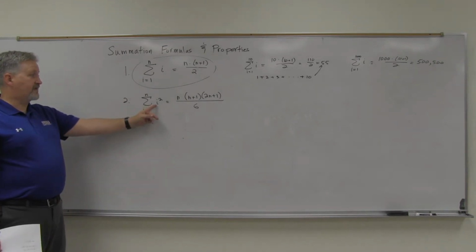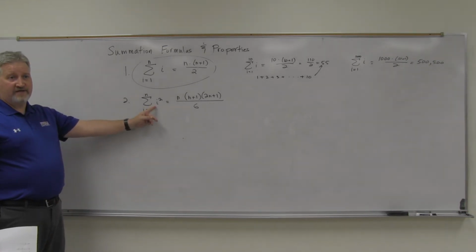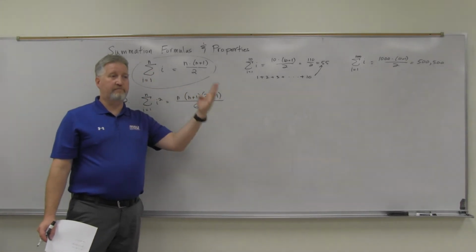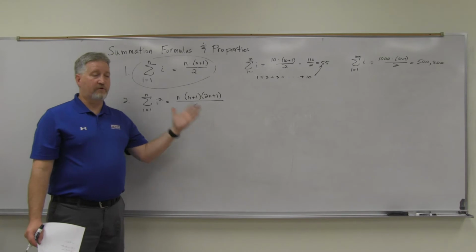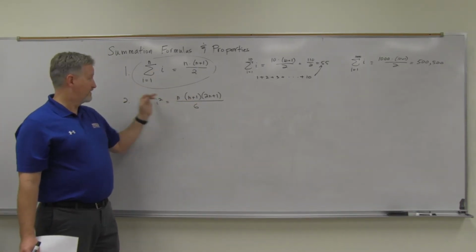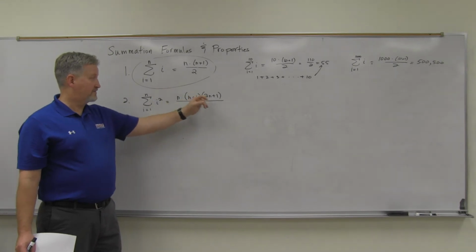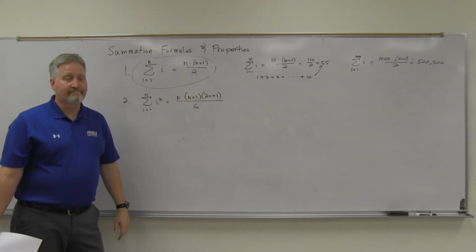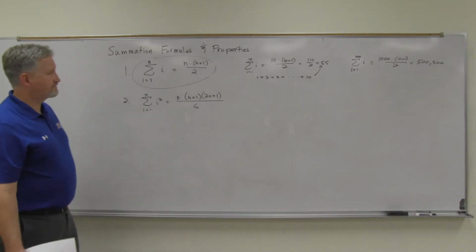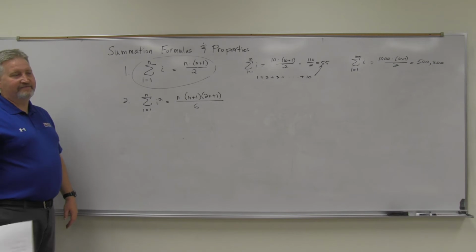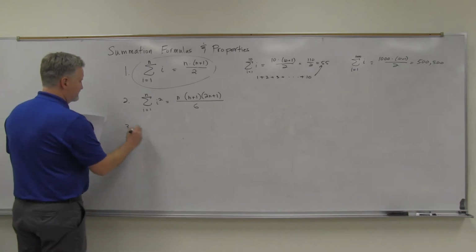So if you're adding up the i squared, so if you're squaring the i's, so 1 squared plus 2 squared plus 3 squared plus 4 squared plus 5 squared plus 6 squared, all the way out to n squared, you don't have to add them all up. You just do the n times n plus 1 times the 2n plus 1, whatever that is, and then divide by 6. And we're not deriving these formulas, I'm just telling you what they are. We can't. We needed to, but.